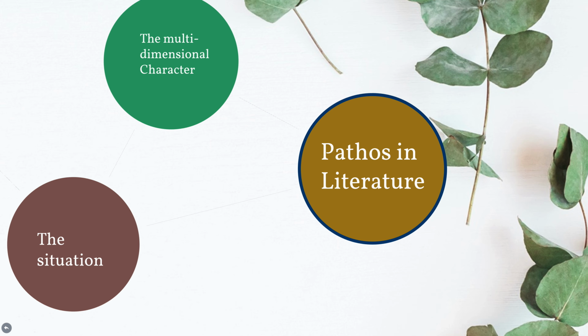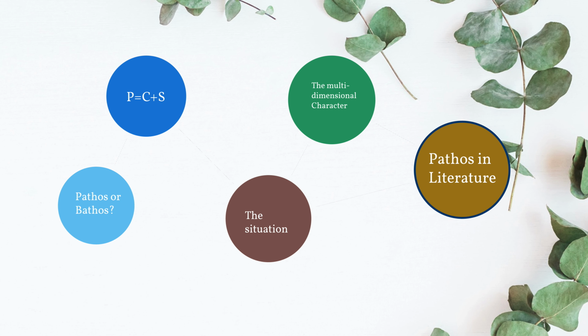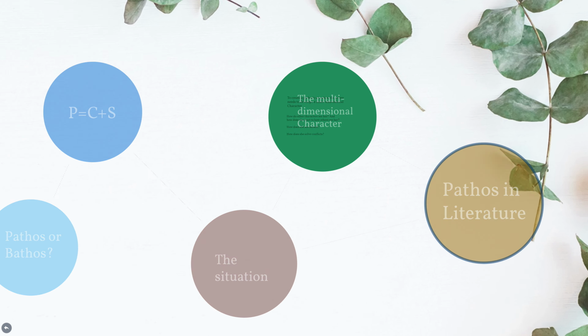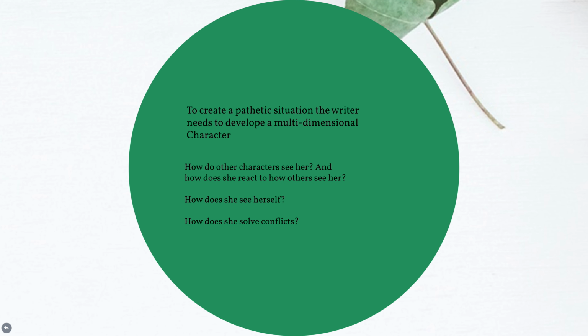So there are three parts to a pathetic situation. And the first one is a well-rounded character. We have to see a well-rounded character. That means that we need to see multiple dimensions of that character. The first one might be how the character sees himself or herself.